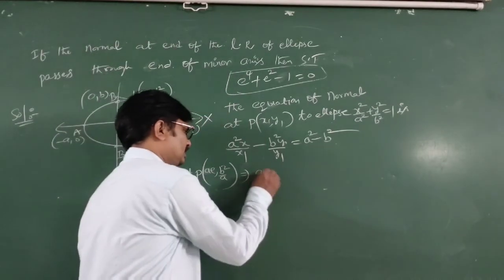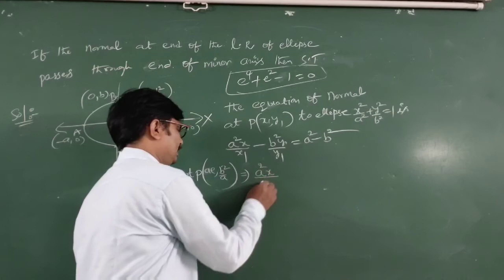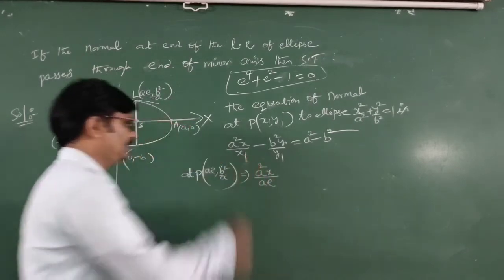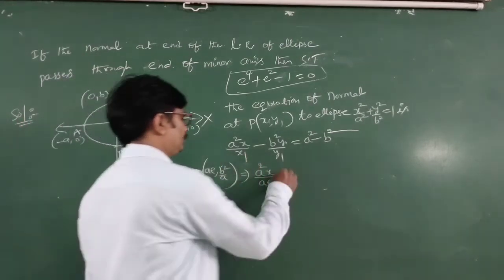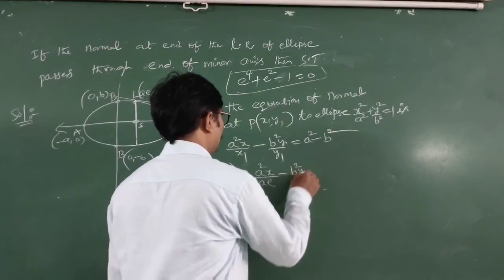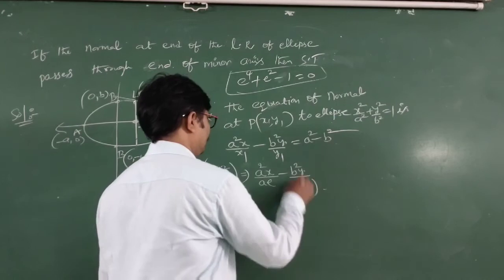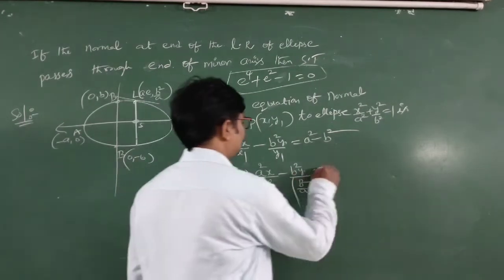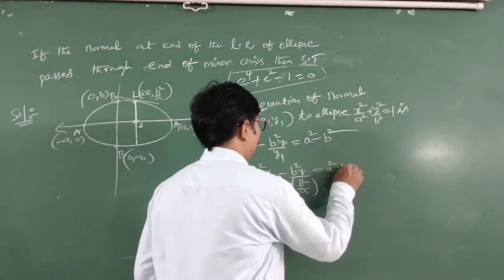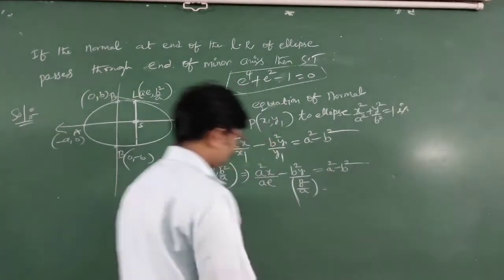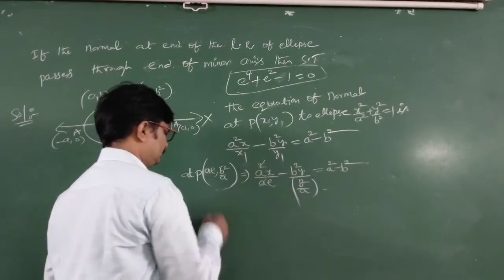So a square x by x1 is a square x by ae, minus b square y by y1, which is b square by a, equal to a square minus b square. So one a cancels.